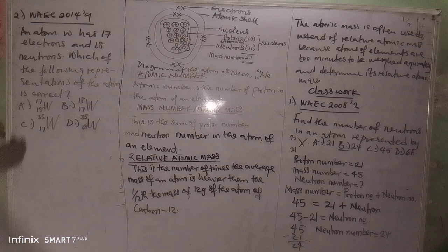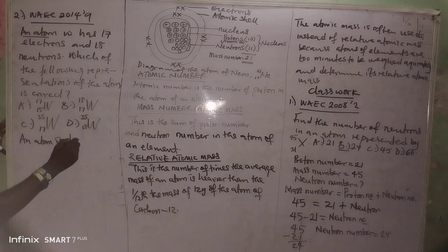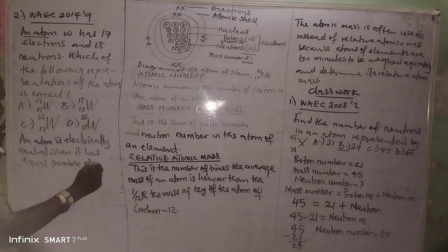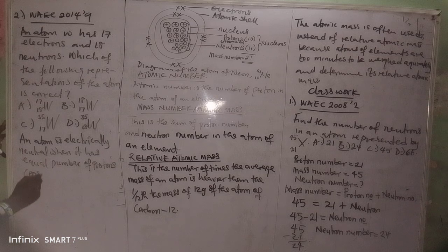Mind you, when they say atom, take note, an atom is electrically neutral when it has an equal number of protons, which are positively charged, and electrons, which are negatively charged.